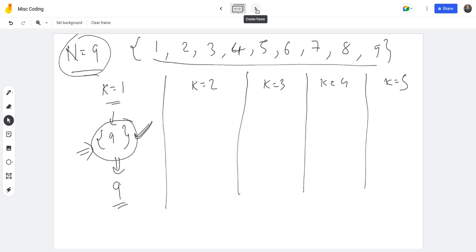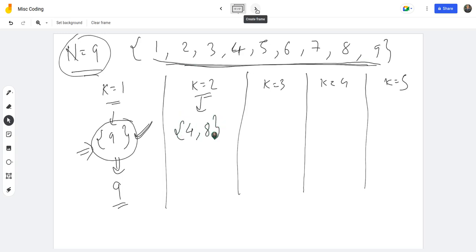Now for k equals to 2, you need to select the subset of size 2 from this original set such that GCD is maximum. So which one will you pick? If you observe carefully, if you want to pick two numbers from this original set such that GCD is maximum, then it would be 4, 8.